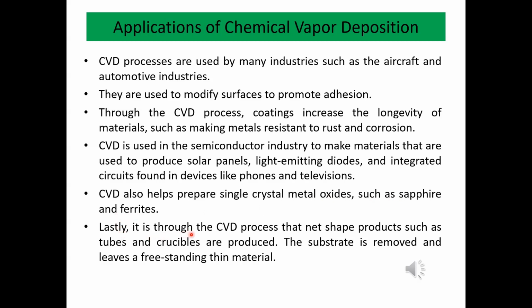Lastly, it is through the CVD process that net shaped products such as tubes and crucibles are produced. The substrate is removed and leaves freestanding thin film materials. So these are a few applications of chemical vapor deposition techniques.